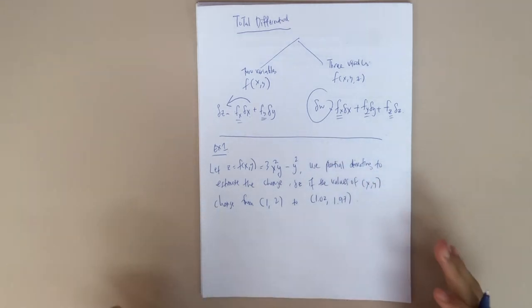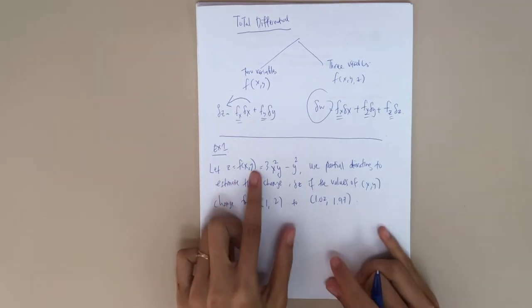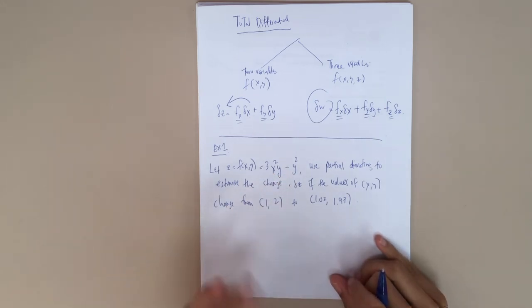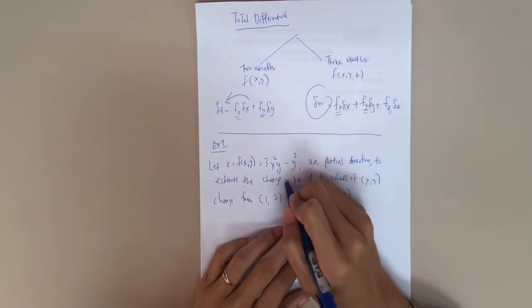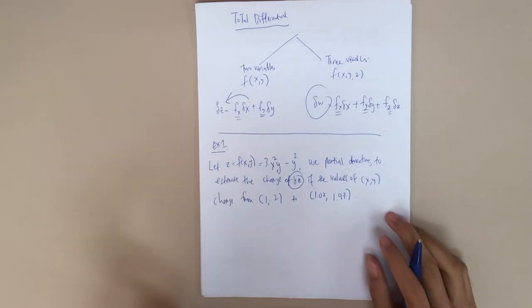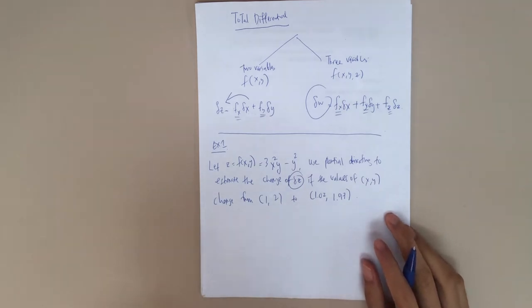The question here is: let f equal f(x,y), so this is your function, equal to 3x squared y minus y squared. The question asks you to use a partial derivative to estimate the change dz, the change of z, if the values of x and y change from 1 to 1.02 and 1.097.